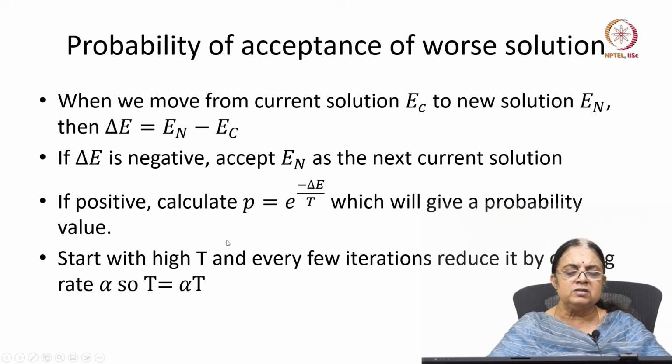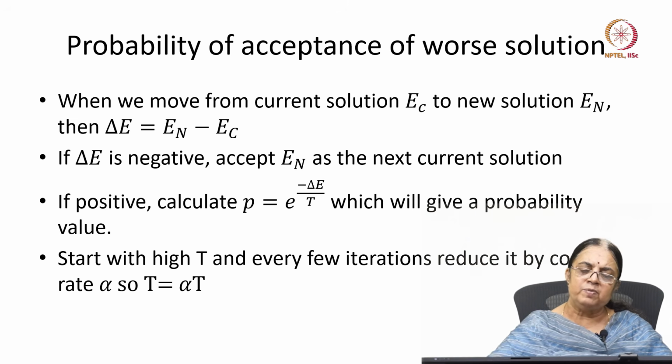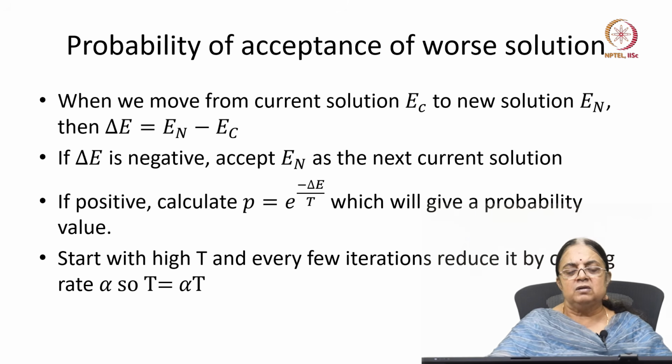When you reduce this t, this probability keeps coming down, and when t becomes very small, some value say 0.something, you stop at that point, and the best solution which has been selected so far is the one you are going to choose.